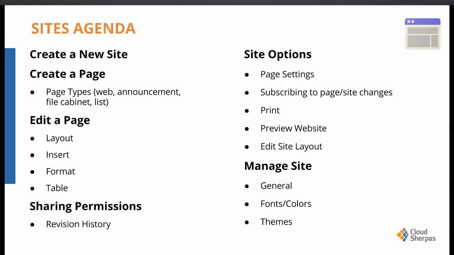So we'll also show you starting a site from scratch and then also using a template. So those are very helpful when it comes to creating sites. It saves a lot of work.